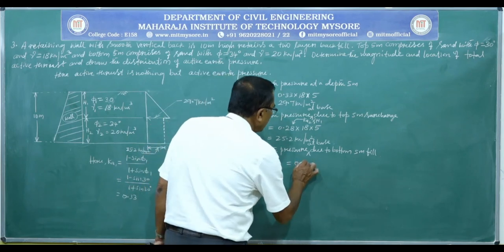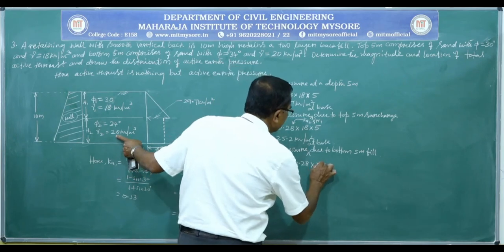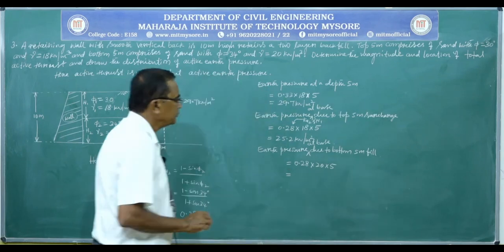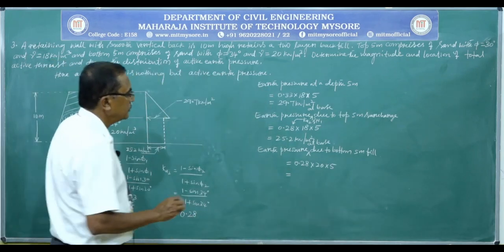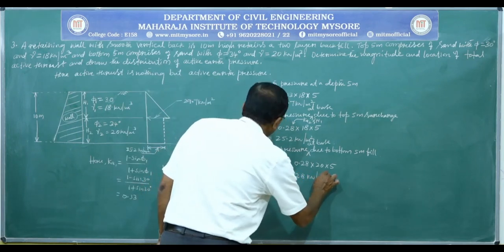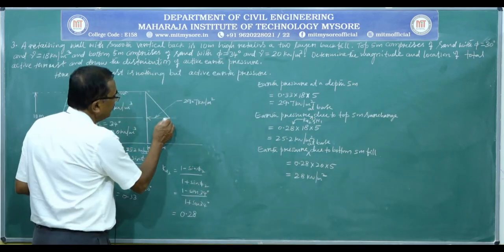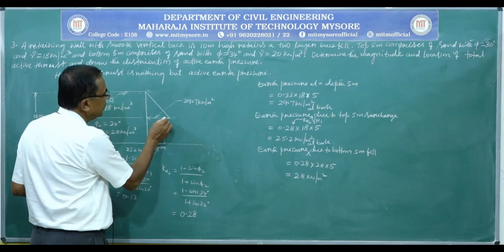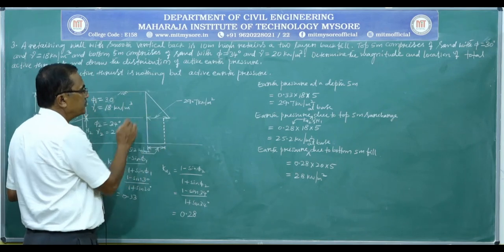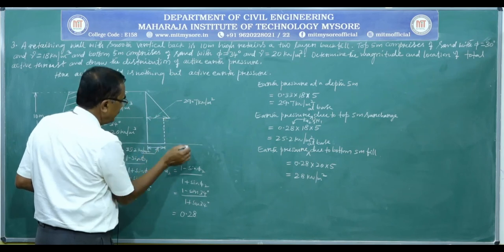Ka2 is 0.28, gamma 2 is 20, H2 is 5 meter, that is equal to 28 kilonewton per meter square. Now, to draw the distribution diagram, we have to commence from the previous one. Earth pressure has come back because of reduction in the earth pressure here at the base due to the top surcharge, and continue from this point. It is 28.